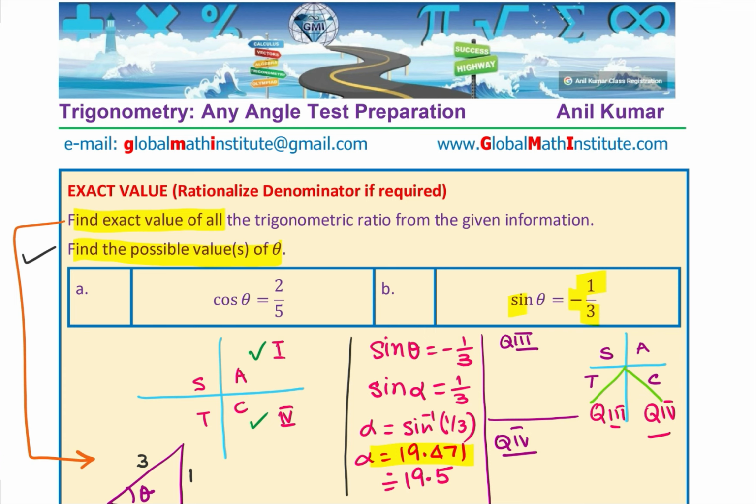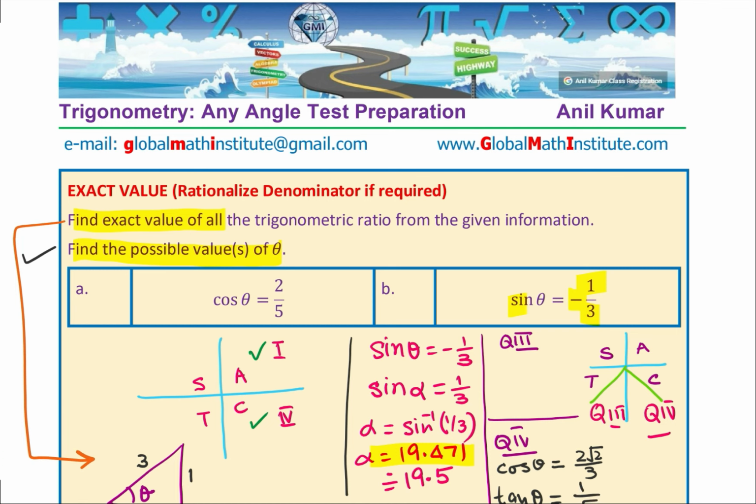Perfect. Remember that in quadrant 3, tangent ratio will be positive, and in quadrant 4, cosine ratio will be positive. Is that clear to you? Right? Sine is given to you, right? So when you write this, you write here cos of angle theta is equal to 2 square root 2 over 3, which is positive, and tan of theta in quadrant 4 will be 1 over 2 square root 2.